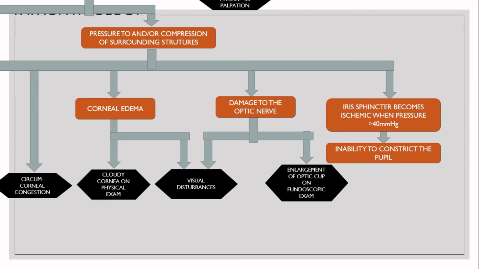So again, limited blood supply means limited nutrients, limited energy, limited ATP. So the iris will be unable to do its function.